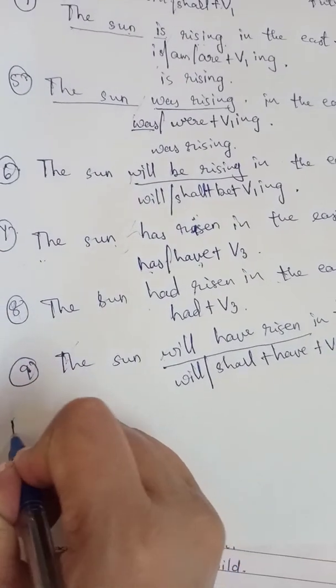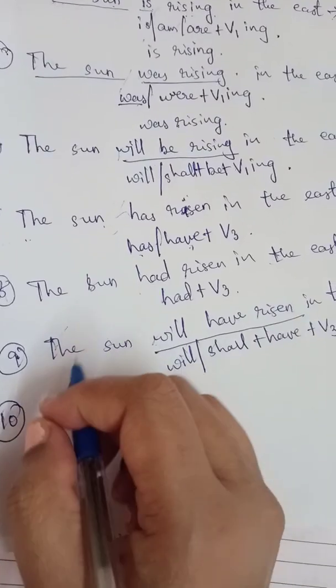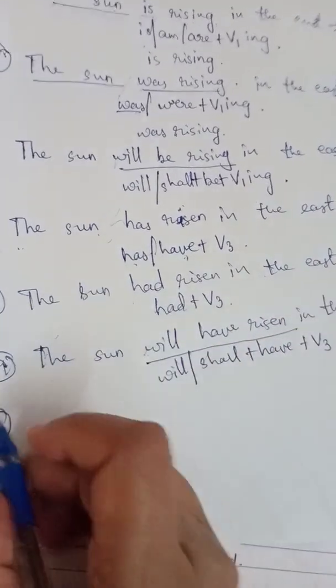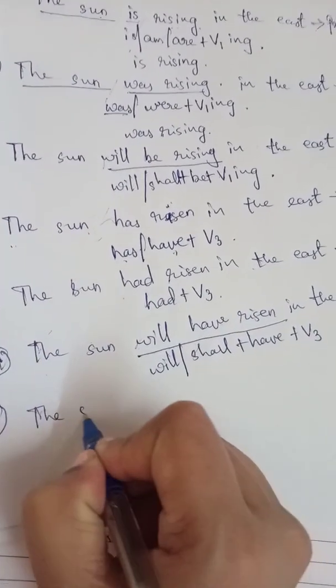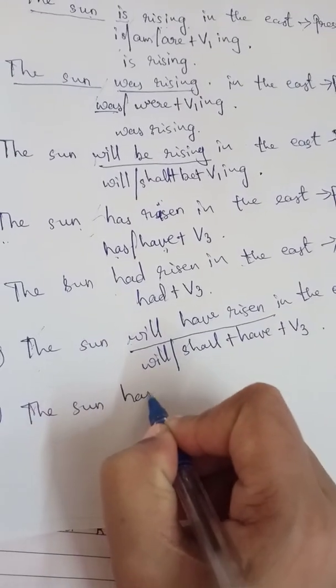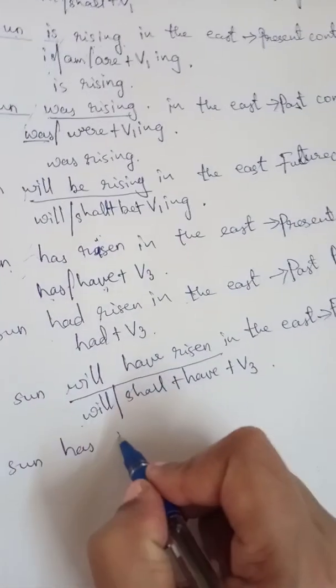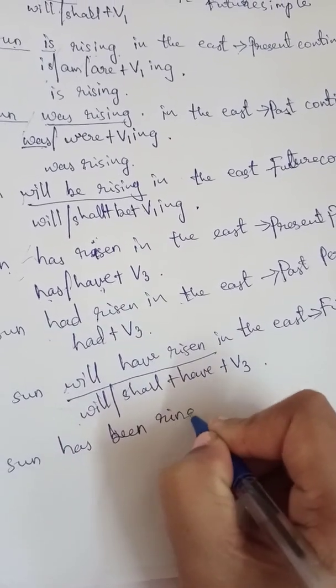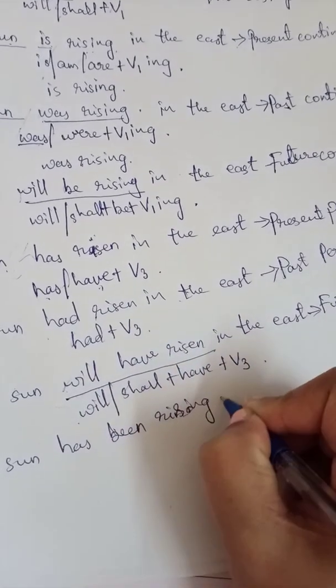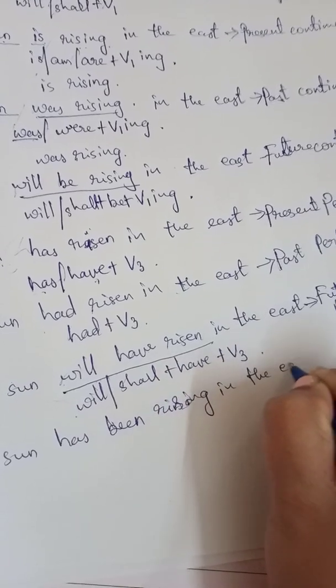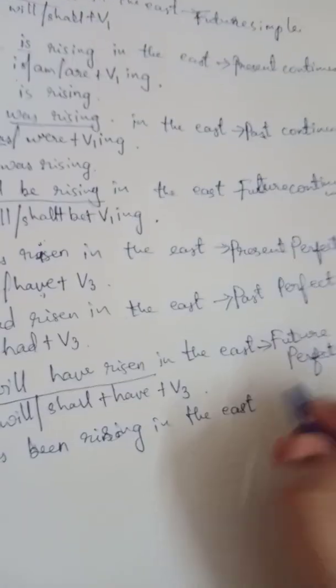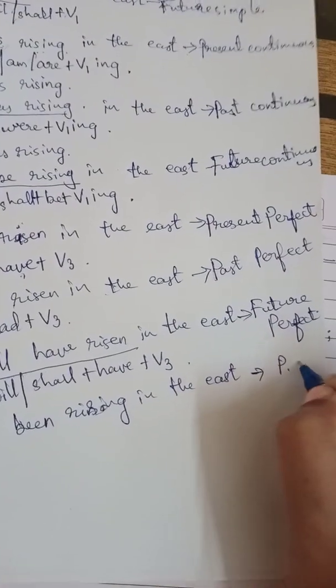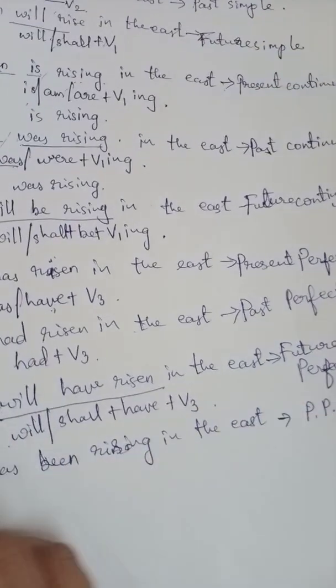Next, we'll see the present perfect continuous. So the sun has been rising in the east. That is how it is present perfect continuous form.